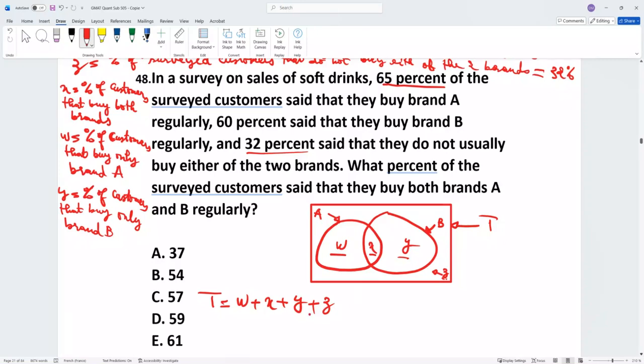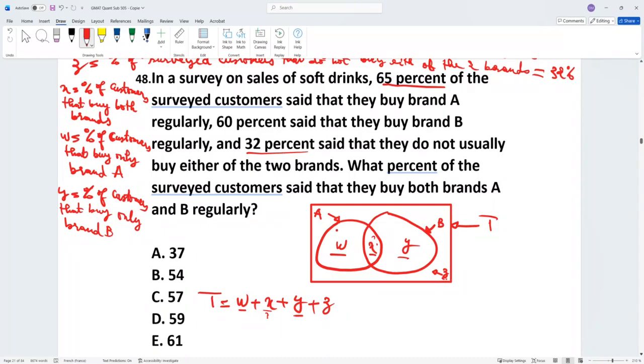So now we do not have the values of W and Y, and we are looking for X here. Okay, X is what we're looking for. So how do we go about finding the value of W? We are going to use this here.